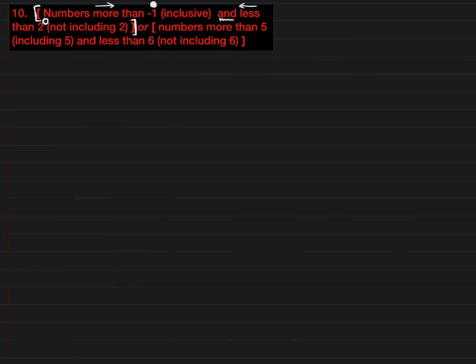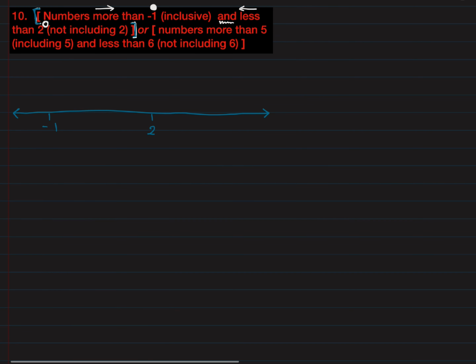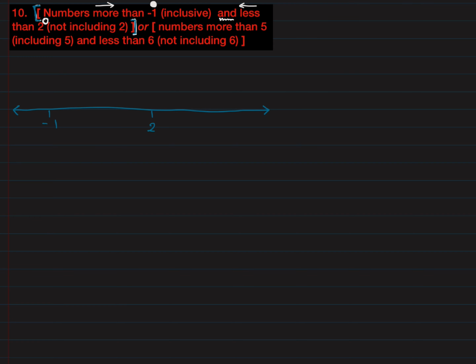I'm going to use two different colors for this. For the first one, I'm going to use blue, and for the second interval, I'll use some other color like green. So let's draw the first interval. We have -1 and we have 2. As we said, we want numbers that are more than -1.